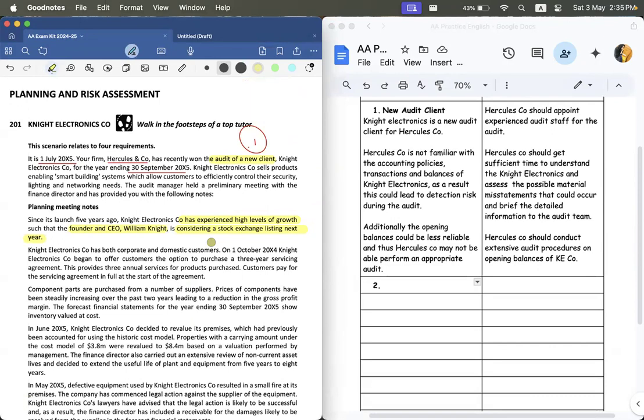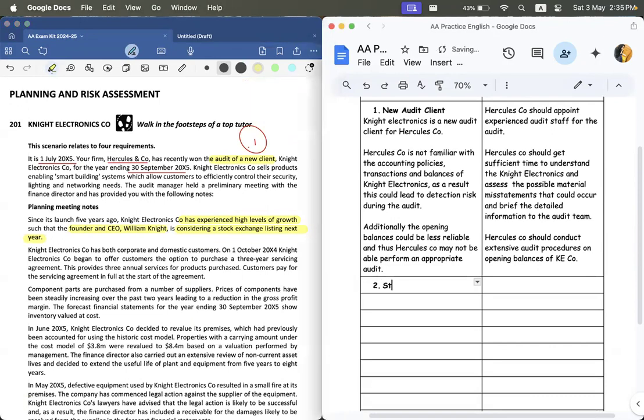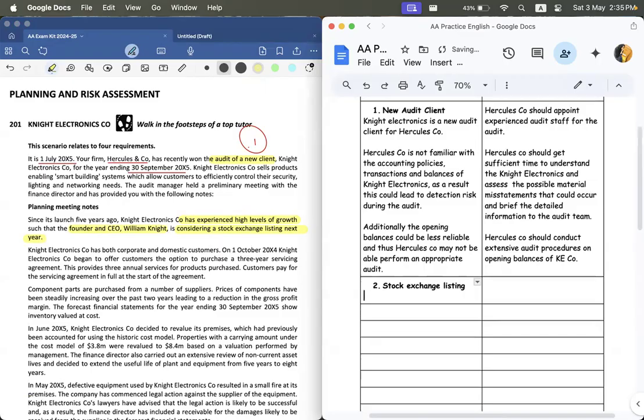So stock exchange listing is our next audit risk. Why is it a risk? Because for getting ourselves listed in the stock exchange, there are certain requirements, which could be related to our profit earning capacity.